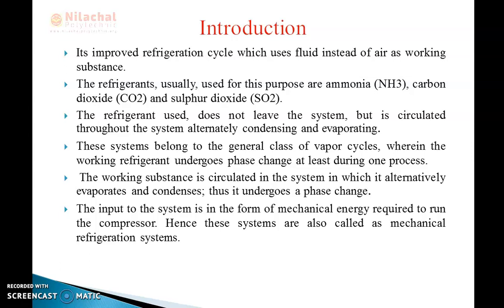For that reason, you use refrigerants like ammonia, sulfur dioxide and carbon dioxide. If you take the example of ammonia, the freezing point temperature is minus 77.73 degrees Celsius and the boiling point temperature is minus 33.34 degrees Celsius.